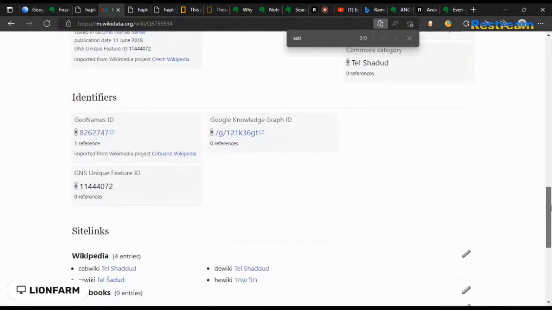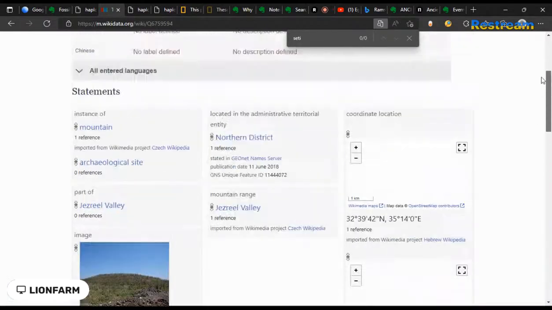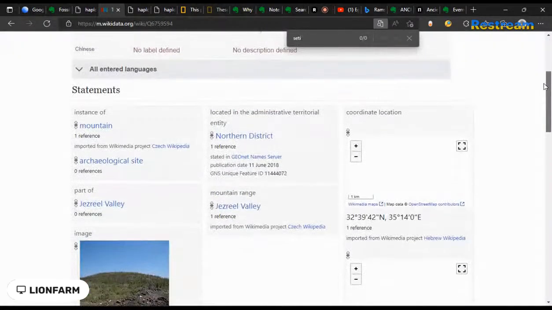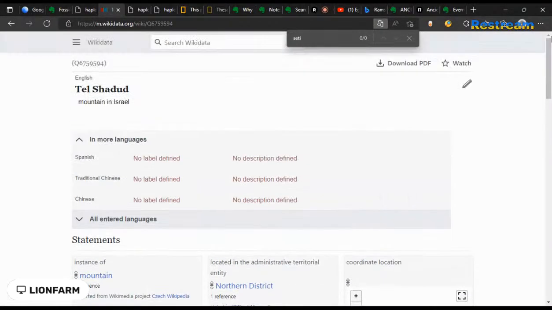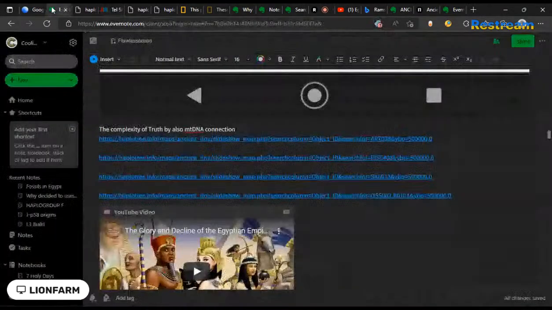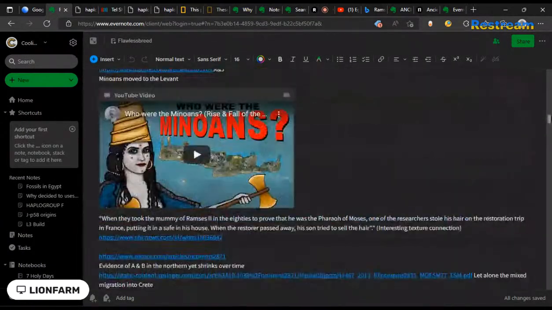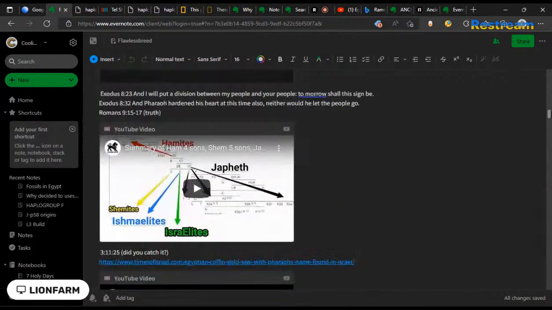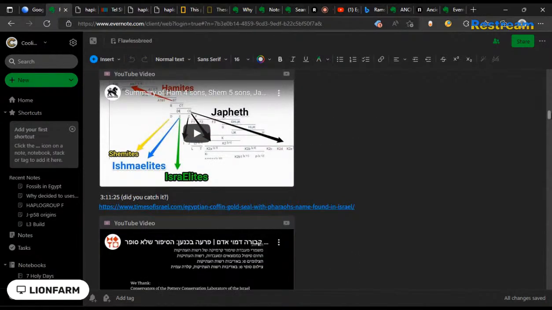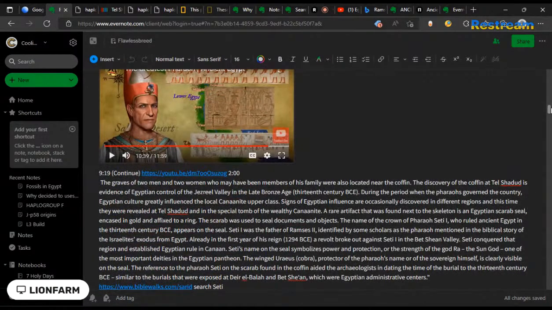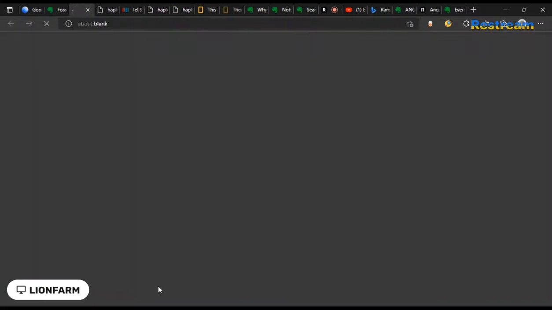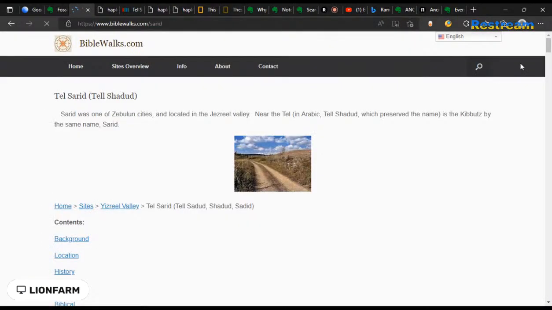So this is Seti, pretty much at the Jezreel Valley. I think I'm gonna open one up so that I can break down what's going on there. This is where it's connecting that individual.